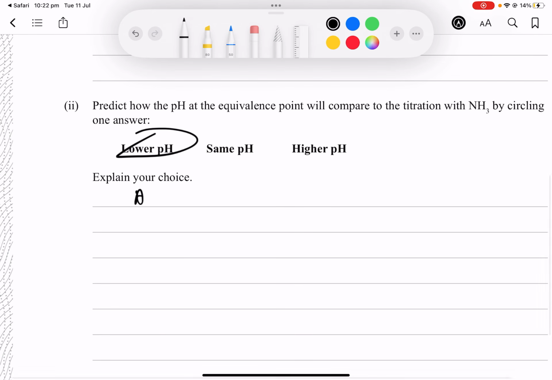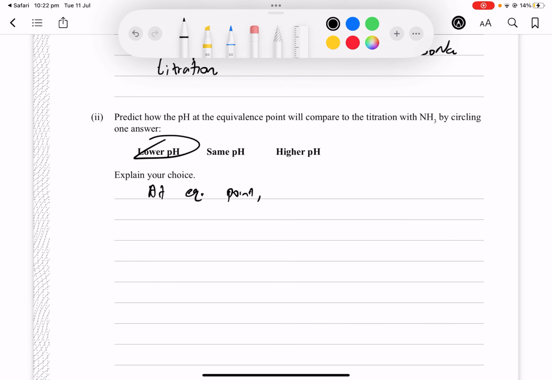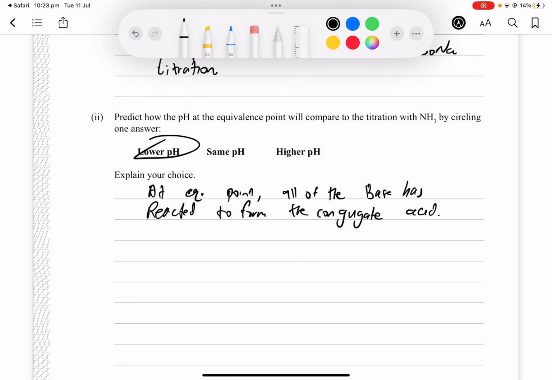So we say at the equivalence point, all of the base has reacted to form the conjugate acid.